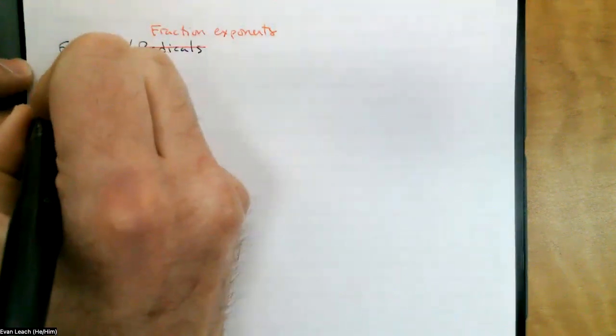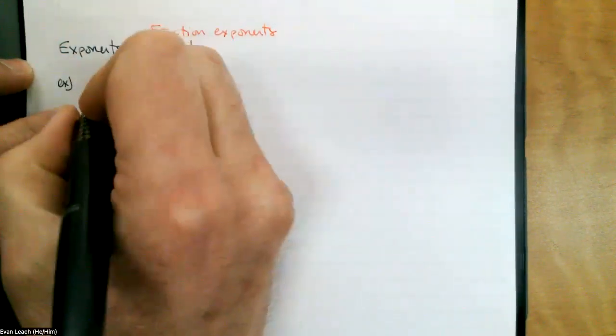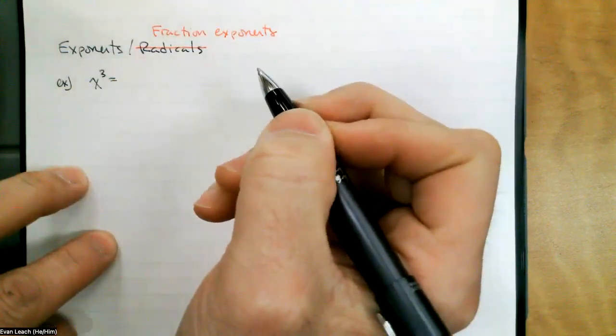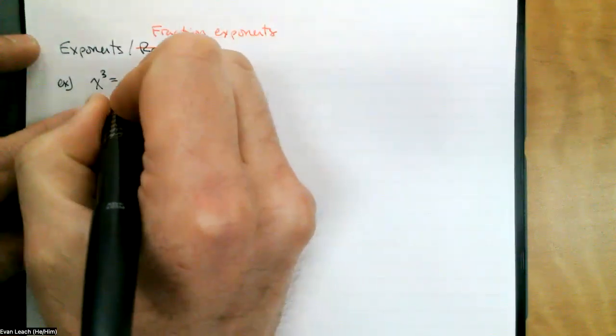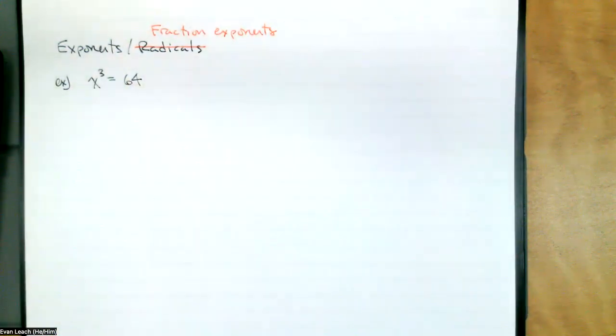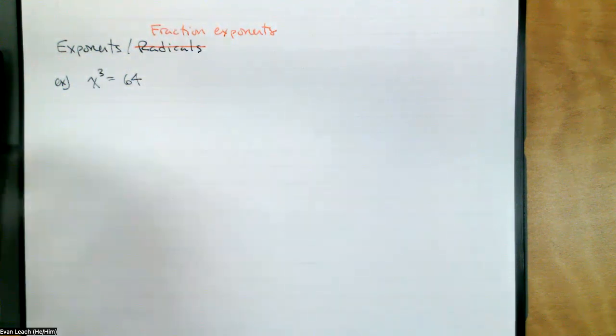So if we have an equation that says, say, x cubed is equal to 64, what do we do to both sides? Well, it's already cubed. The inverse of a cube is a cube root.